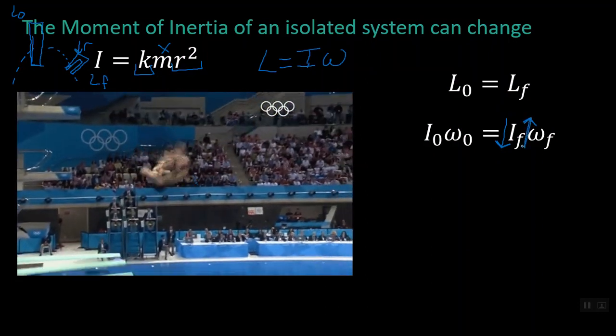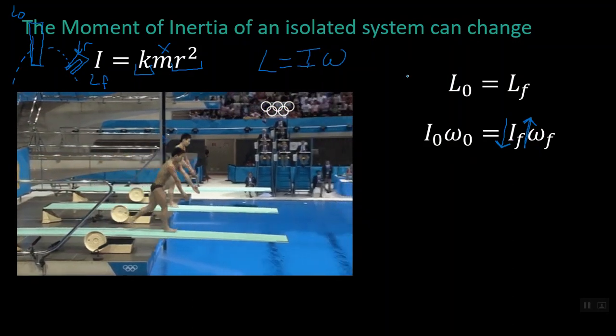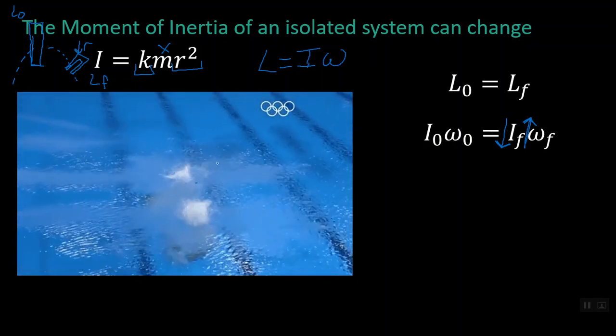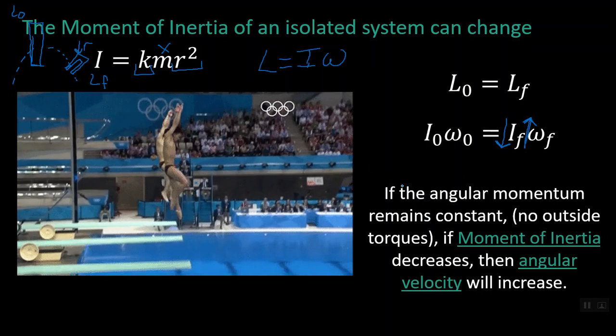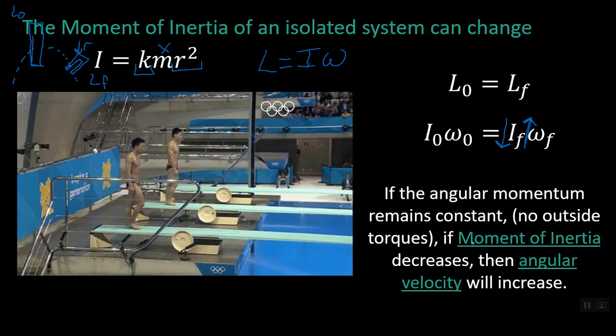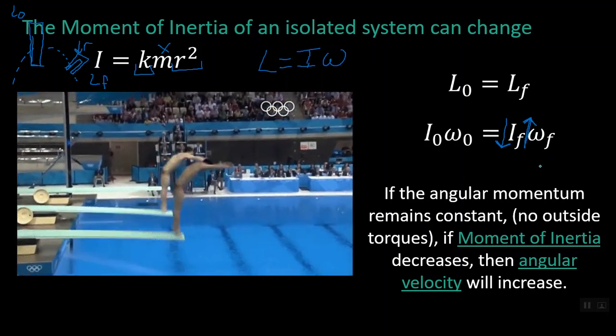These divers are going to begin to spin faster and faster, and that's how they get this really tight spin. It's because they have tucked their body into themselves and decreased their radius. So as long as the angular momentum remains constant, as long as we have no net external torques, if the moment of inertia decreases, then the angular velocity will increase.